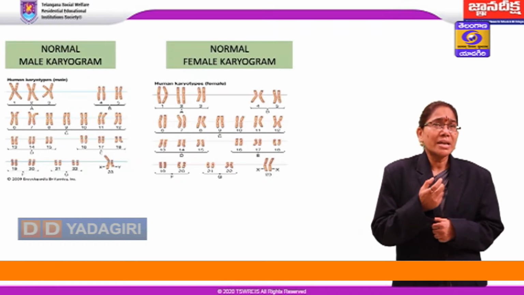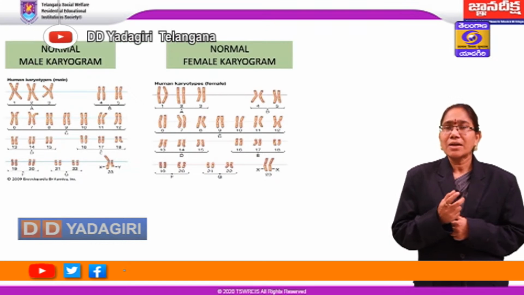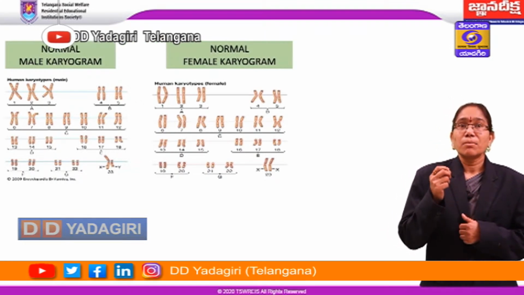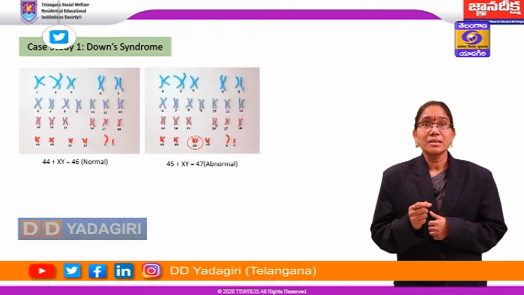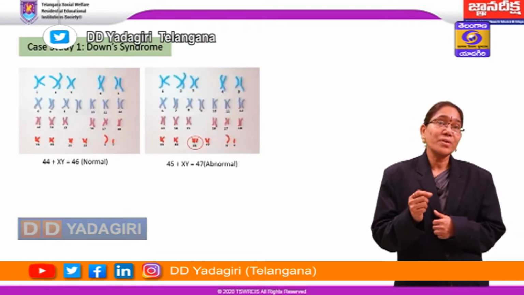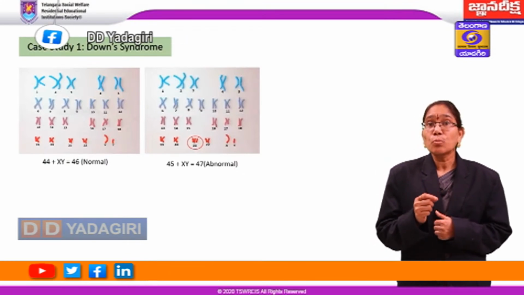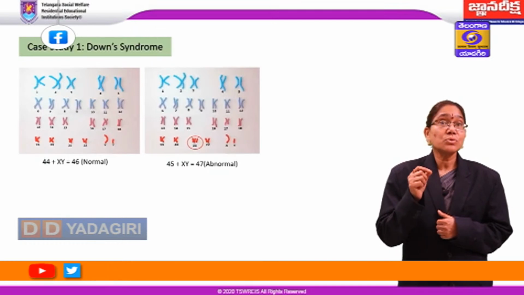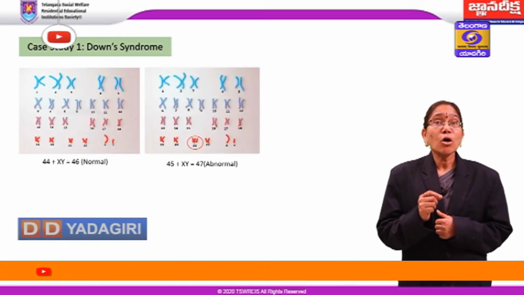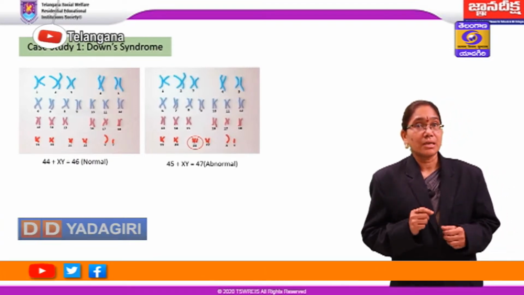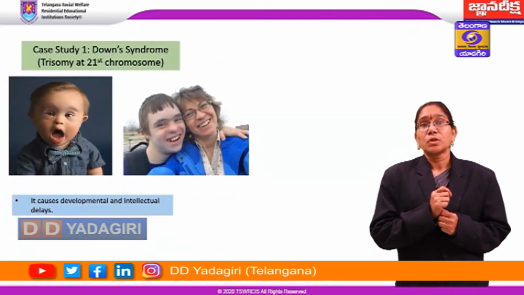Let us try to analyze some of the karyograms. Students, have a look. By observing the sex chromosomes, we can say that they are karyograms of a male. We can see one extra chromosome at the 21st chromosome. This abnormality is called trisomy, which results in Down syndrome.